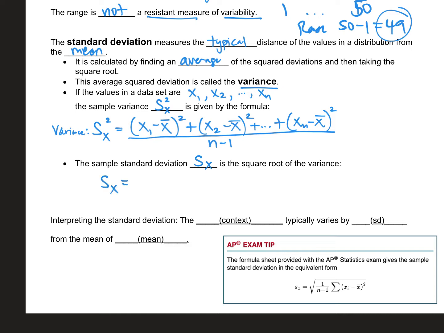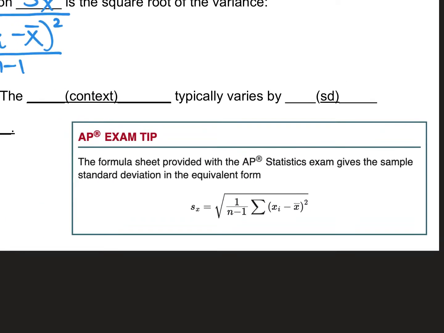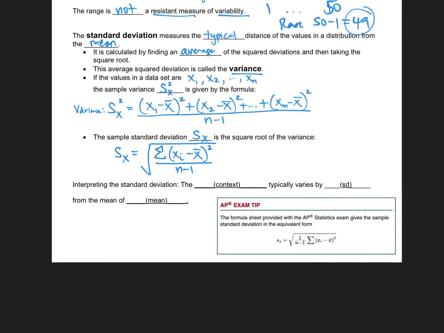The standard deviation is equal to the square root of the summation of all the xi's, x1, x2, x3, x4, all the way to xn, minus x bar, squared, and we divide by n minus 1. This is on your formula sheet. It looks like this. They just brought the n minus 1 out front, but it's the exact same thing.